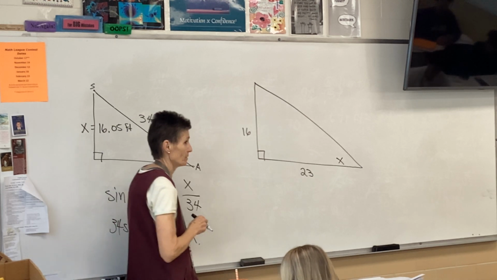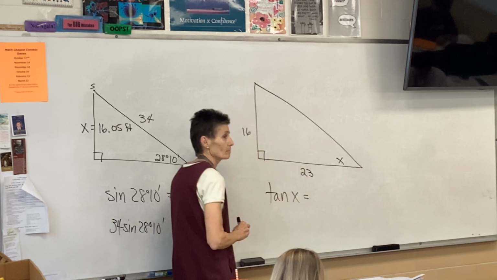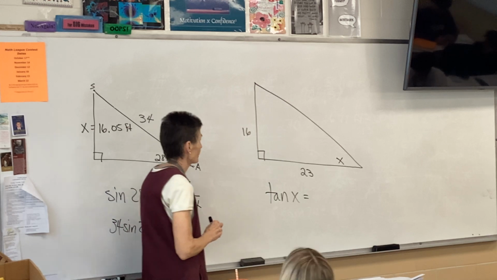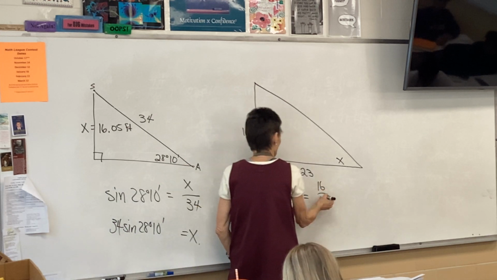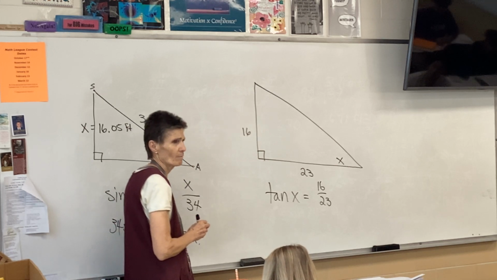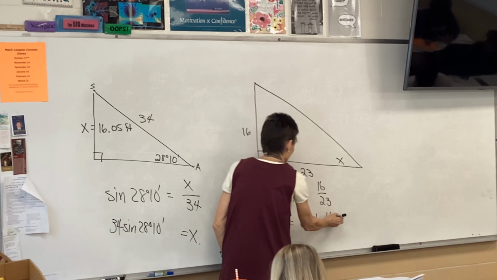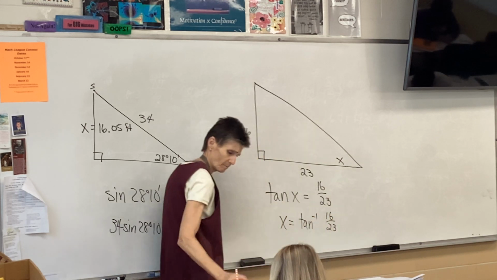Sine, cosine, or tangent? Tangent. Tan x equals opposite over adjacent. Uh-oh. How do I do this? Oh, inverse. Second tangent, 16/23.